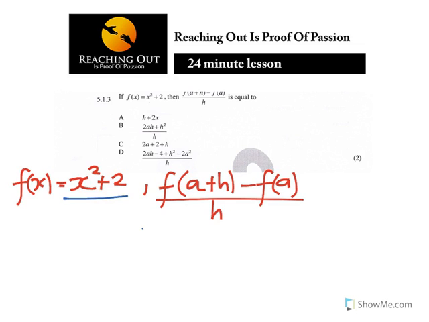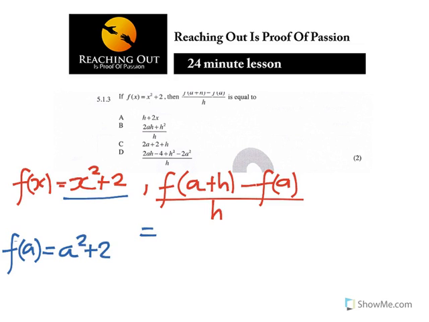Then f of a in that case will be a squared plus 2.